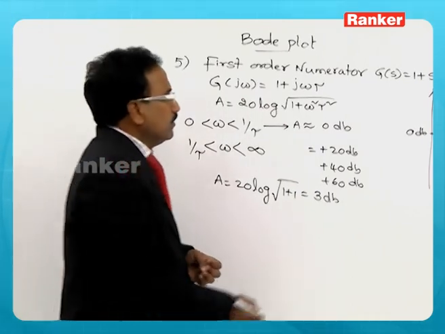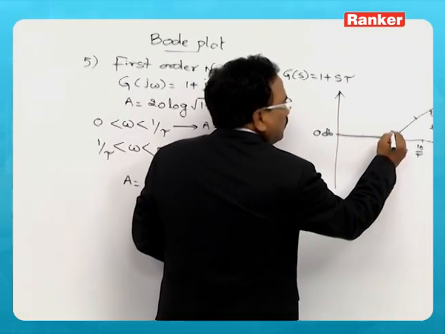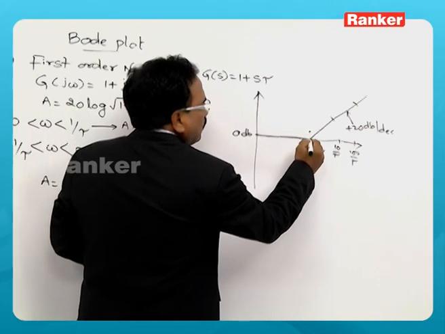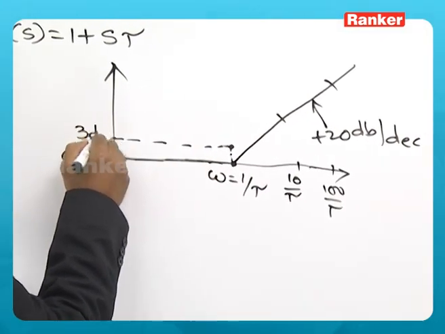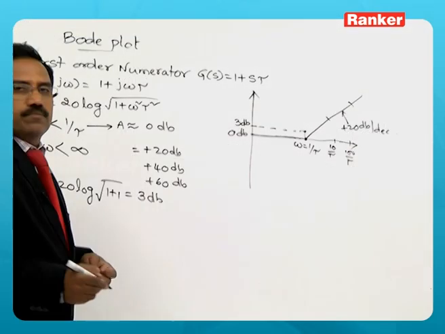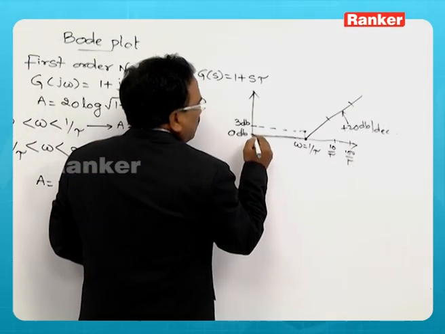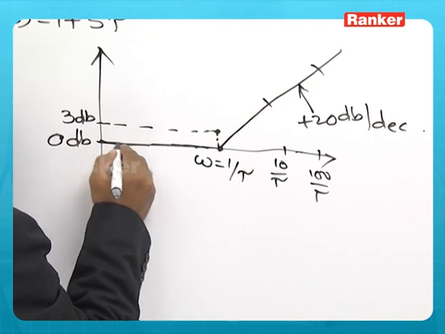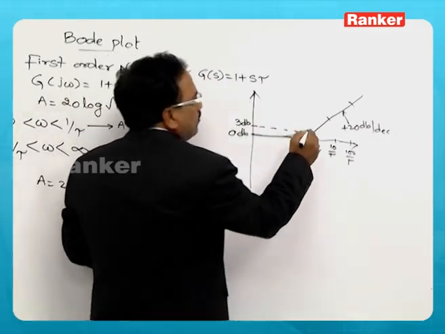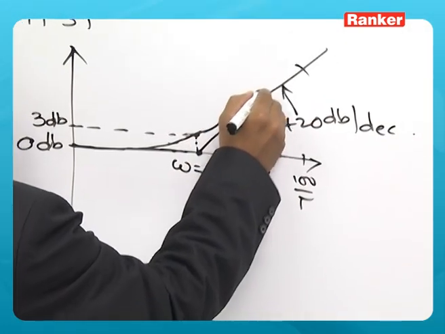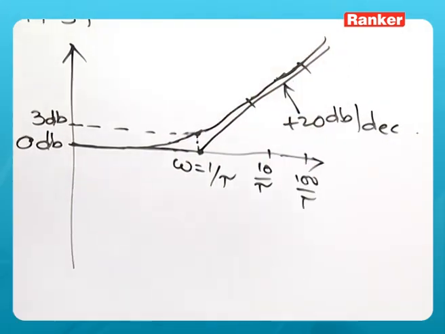So the magnitude at omega equal to 1 by tau is not 0 dB, but the exact value is 3 dB. So the actual Bode plot starts from origin, goes through plus 3 dB and goes this way.